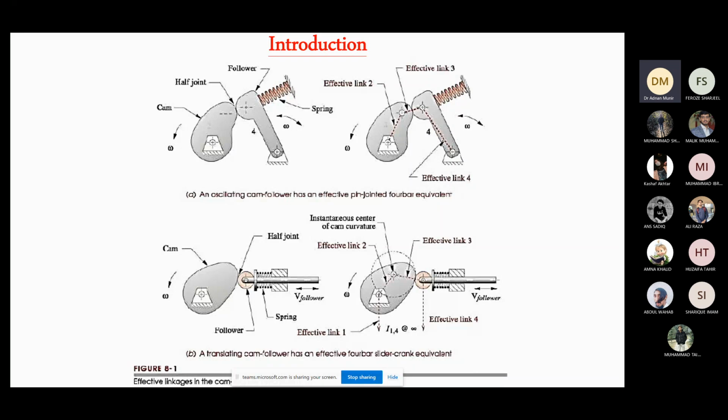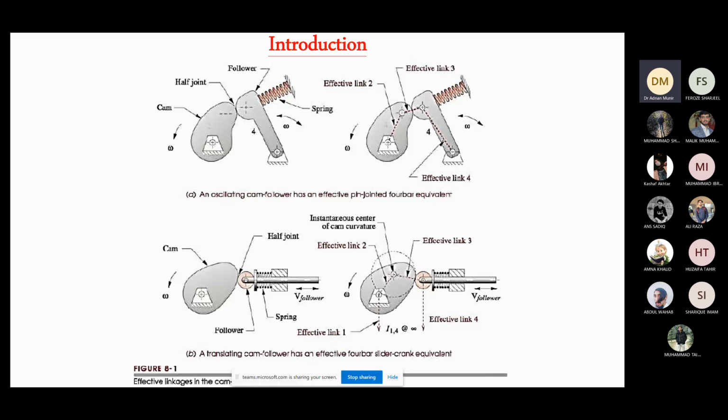Now, if you look at the bottom two figures, in this case the follower is not oscillating, but it is moving to and fro, just like a slider. The follower velocity is given by V follower, because it is moving to and fro. This is equivalent to a 4-bar slider crank mechanism.